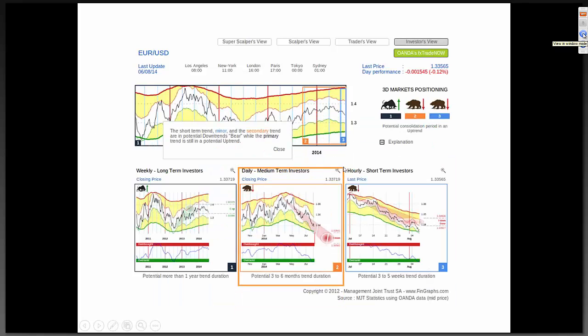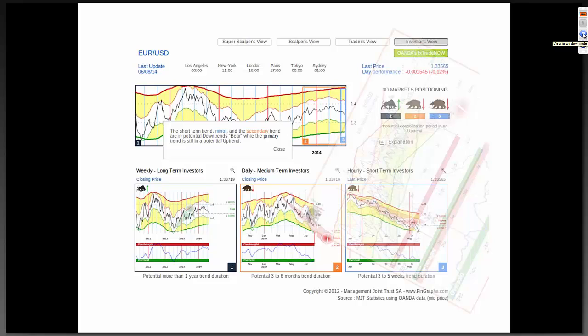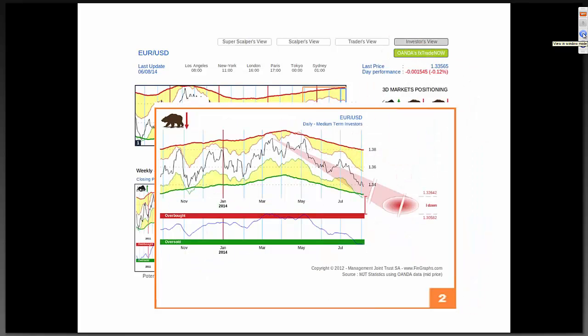Then let's look at the daily. Well, not surprisingly, the daily has started to head down again. The corrective targets on the weekly were finished, and now the daily is in a potential bear.